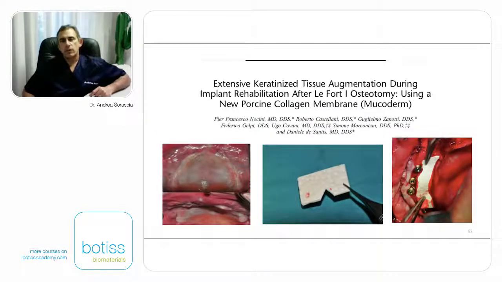Recently, we have more studies showing the possibility to use this type of membrane to augment the volume and the quantity of keratinized tissue. For example, work accomplished by the team of Dr. Muccini.